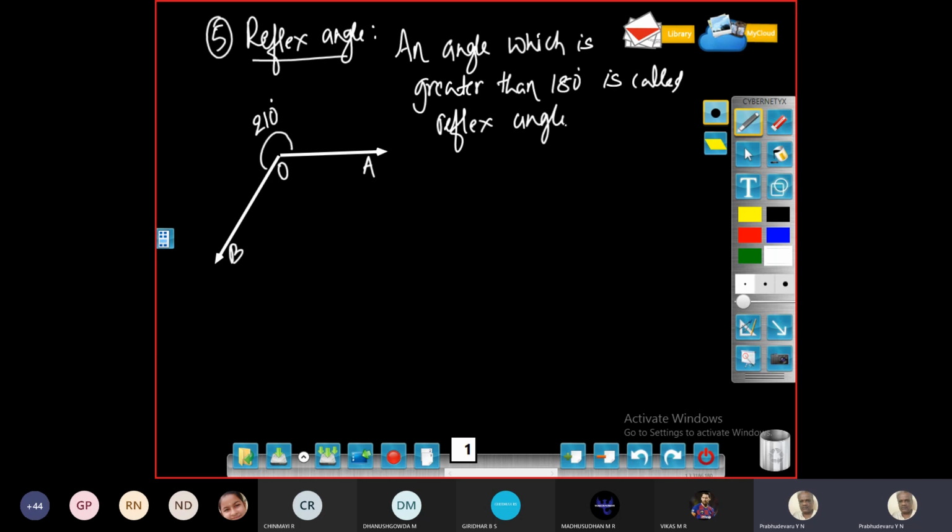Tell me what happens when your angle measures exactly 360 degrees. What do you call it? Complete angle. Yes.